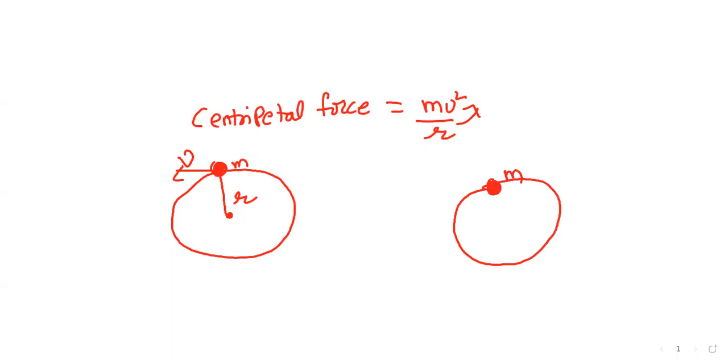Let's say there is a mass m, and it is tied by a string, and it started rotating about a fixed point with radius r. Now the force acting on this m will be in the outward direction, and this force is given by m times v square upon r, where v is the velocity at which the mass m is rotated. So this is what we call a centripetal force.